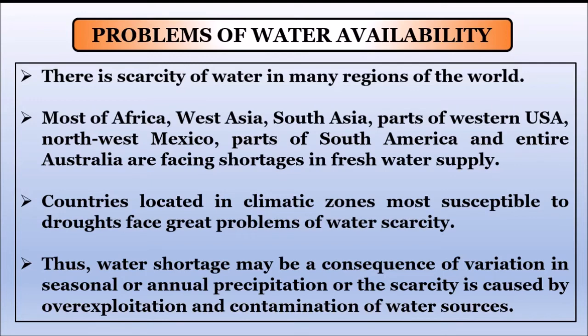Those countries situated in climatic zones that face scarcity of water are majorly affected, and due to variations in annual and seasonal precipitation, water shortages are occurring at a rapid rate. Countries located in climatic zones most susceptible to droughts face great problems of water scarcity.